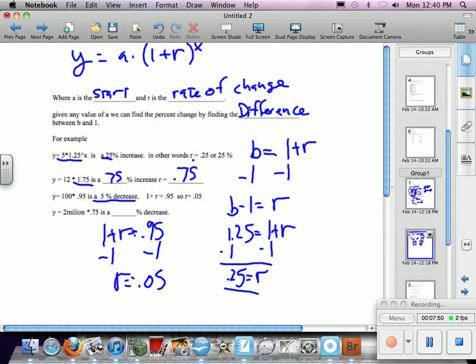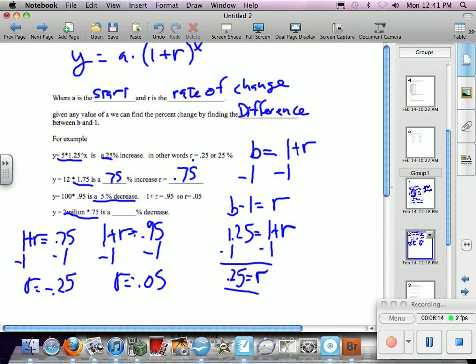Okay. Here, this next one, 2 million times 0.75, is a percent decrease. Well, let's see. 1 plus r equals 0.75. I'm going to subtract 1 from both sides, and I get r equals negative 0.25.